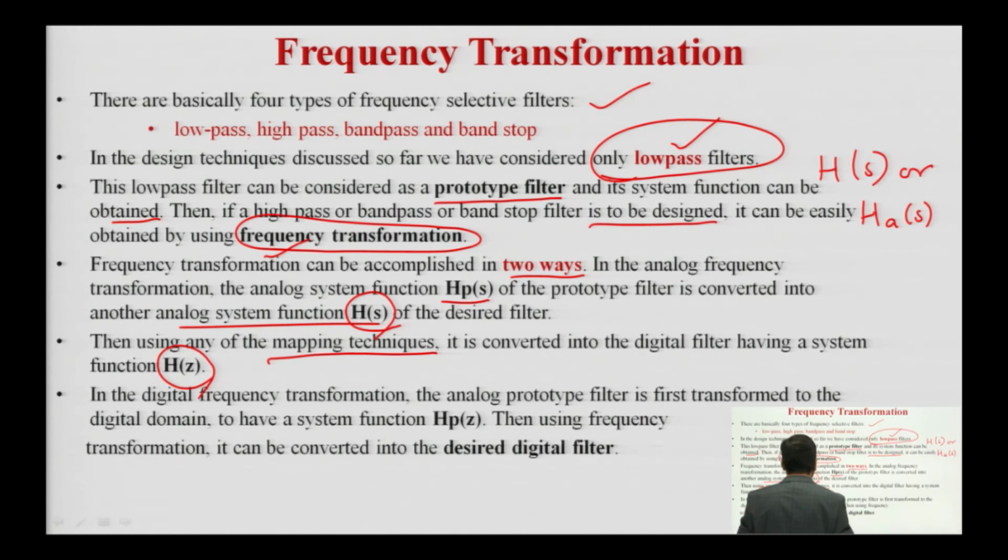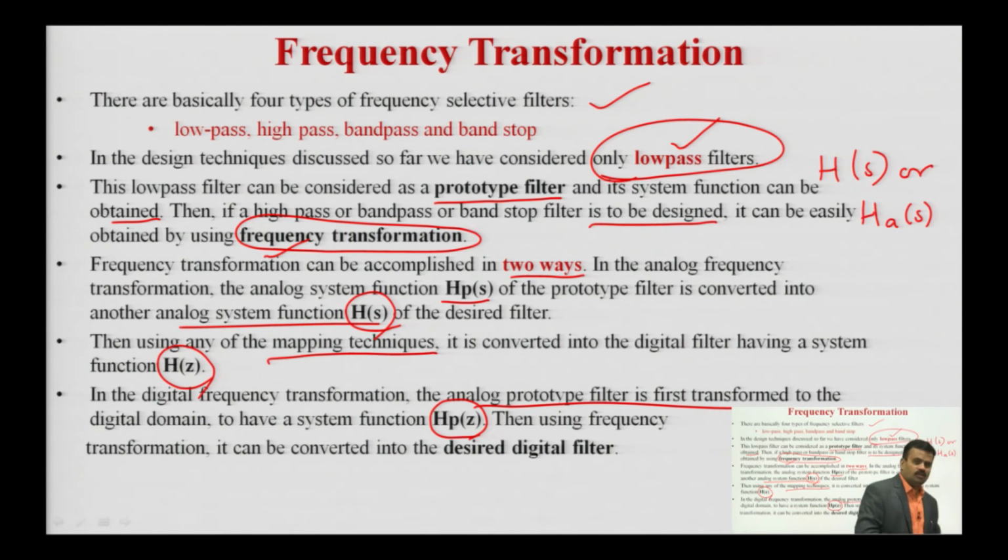In the digital frequency transformation, the analog prototype filter is first transformed to the digital domain to have a system function H_p(z). Then using some frequency transformation, you can finally design the digital filter.